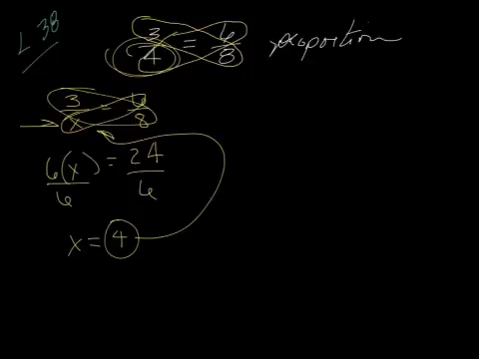If we look at example number 1, it pretty much goes through exactly what I just did. We have 4 over, in this case, m, and that equals 21 over 5. And again, it doesn't matter what letter they use. I don't know why they use an n or an m, but 4 times 5 is 20.